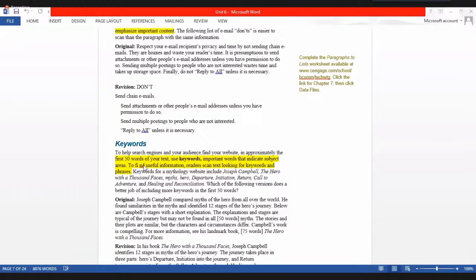If they are interested in these words, they can find, yes, this very page is important for them, then they immediately scan that text. Otherwise, they skip. So that's why here you have to use keywords. At least 50 important words you have to use there. Okay.